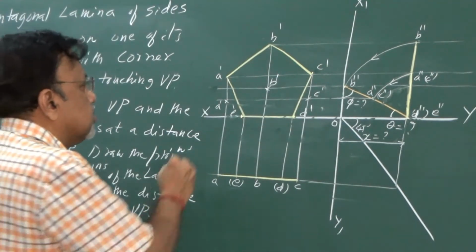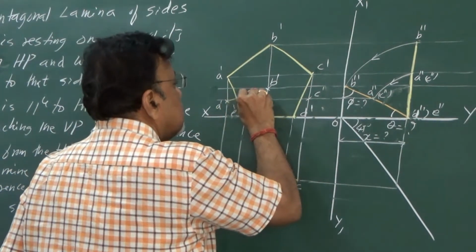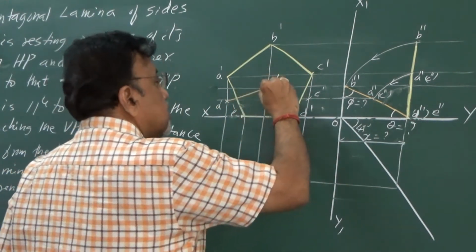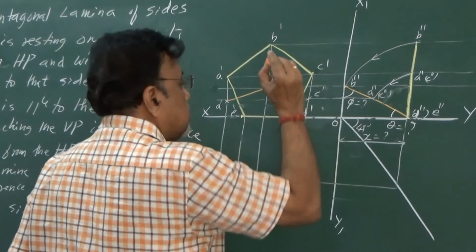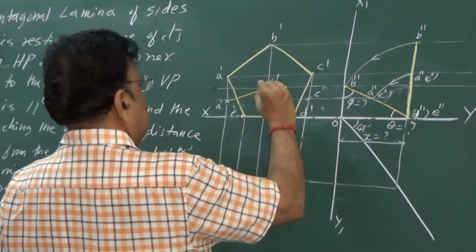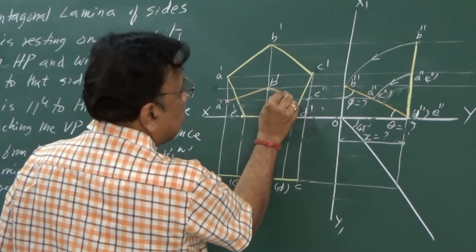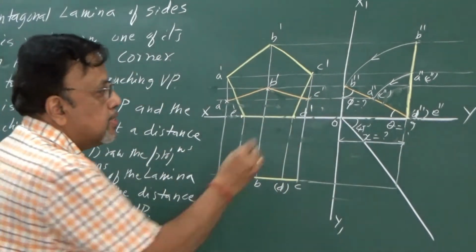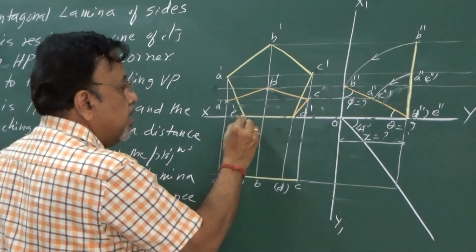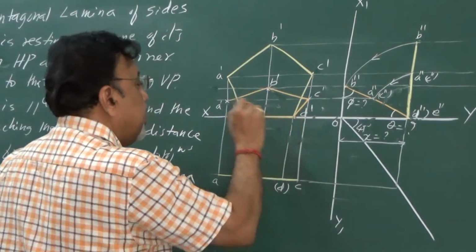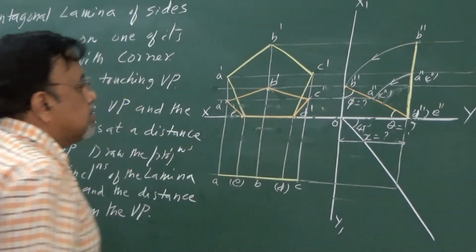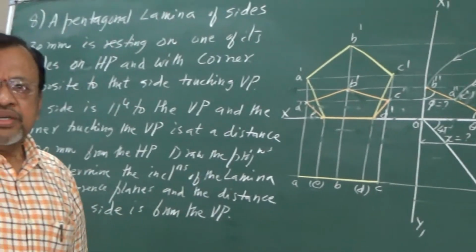So what is the sequence? A to B, B to C, C to D, D to E, E back to A. See, this is my new front view.